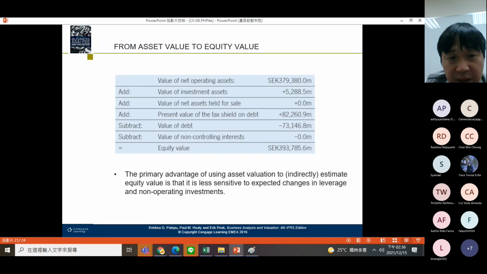The primary advantage of using asset valuation to estimate equity value is that it is less sensitive to expected changes in leverage and non-operating investments.